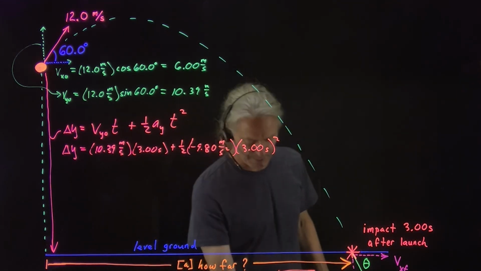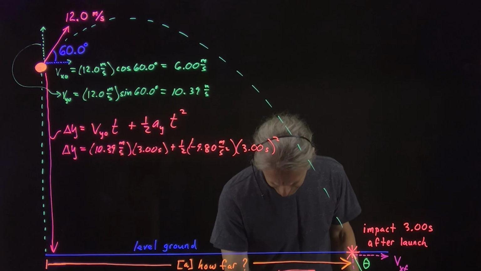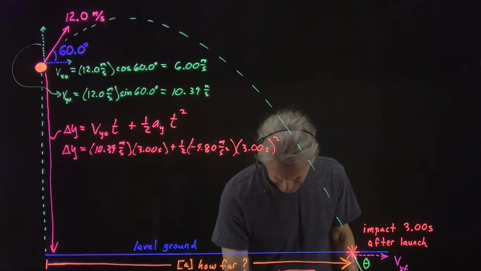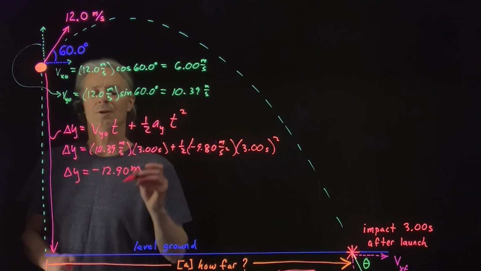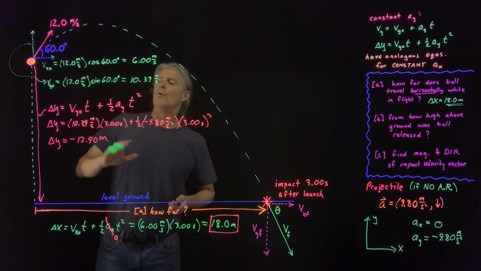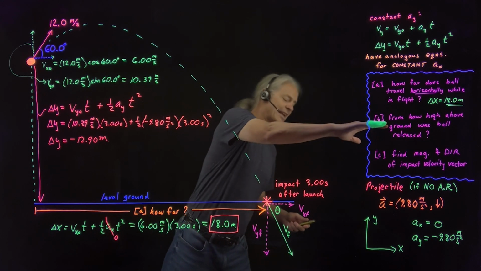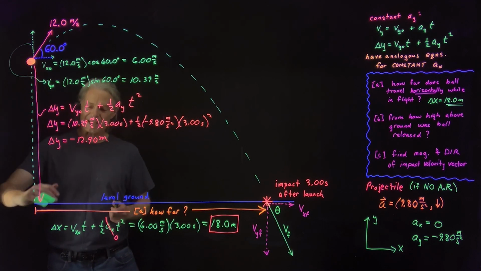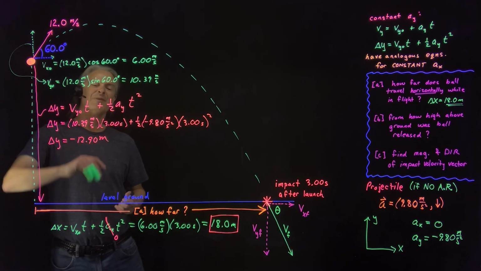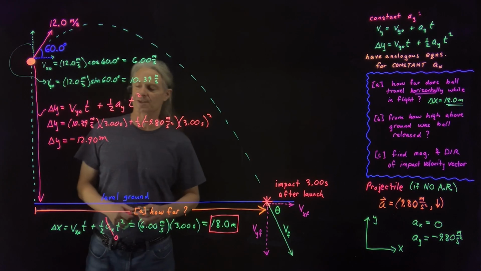I've already punched that into my calculator before, and I get negative 12.90 meters. Now, I've got to be careful. We haven't calculated the answer yet. What this tells us is that the displacement was 12.9 meters downward during the 3 seconds.